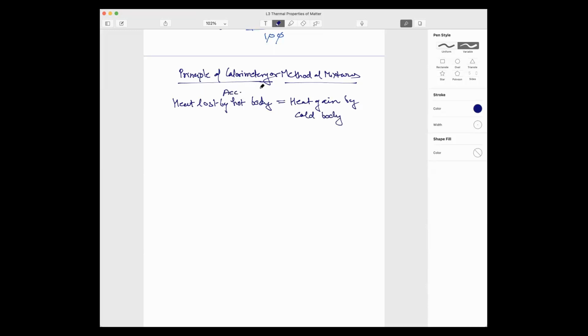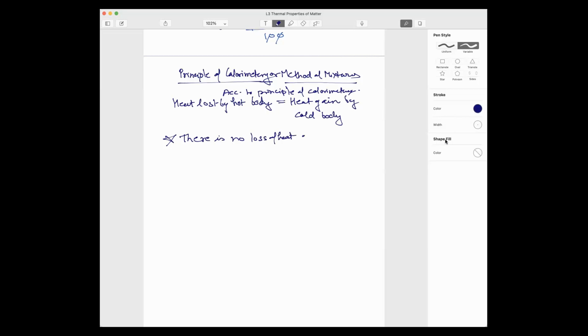As we also know, there shouldn't be any loss of heat. It looks similar to the conservation of energy, so everything is conserved basically. There is no loss of heat.